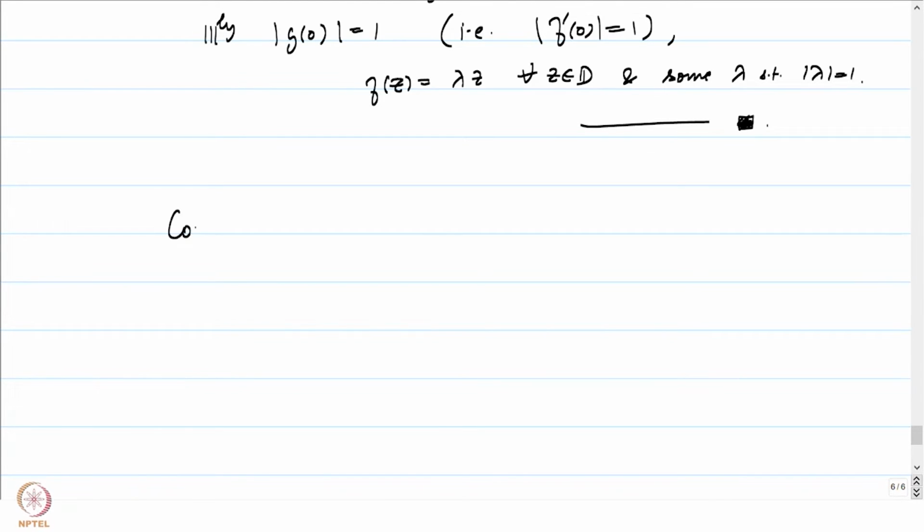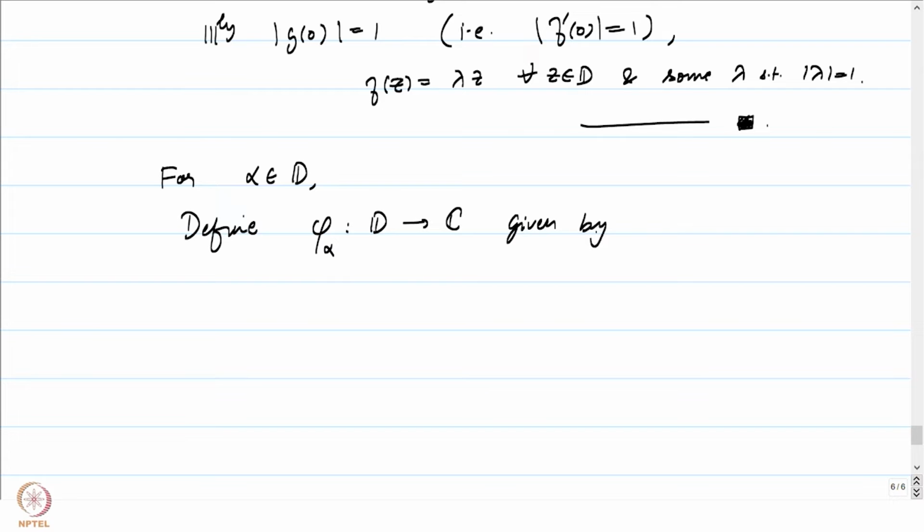So let's consider the following function phi subscript alpha from D to C. For alpha in the unit disk, define phi alpha to be the following function. Phi alpha of z, by definition, is equal to z minus alpha by 1 minus alpha bar z.